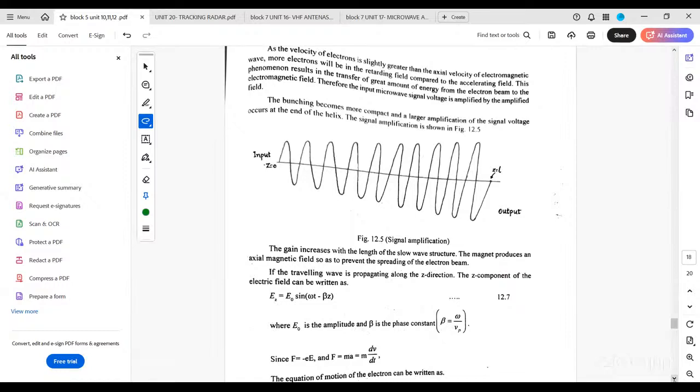సో దిస్ ఇస్ ద వేవ్ ఫార్మ్. సిగ్నల్ యాంప్లిఫికేషన్ ఎట్లా అవుతుంది అనేది ఫిగర్ నెంబర్ 12.5 లో చూపించాలి. సిగ్నల్ యాంప్లిఫికేషన్. Accelerating, deaccelerating.